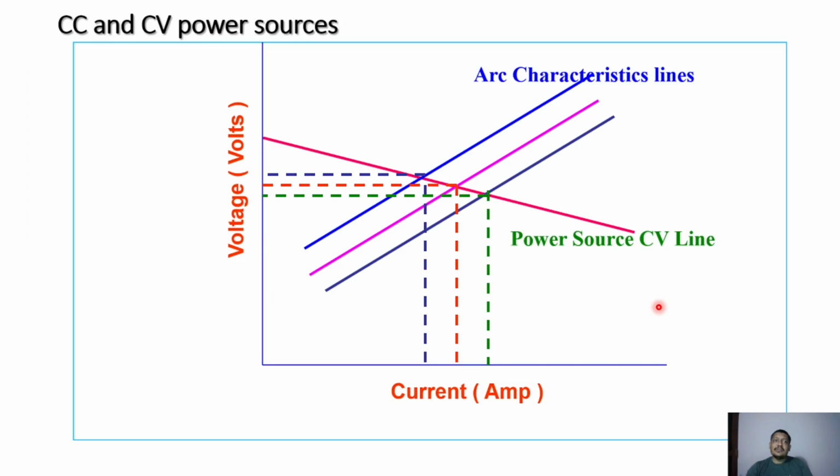Now the next variety of power sources available is called constant voltage or constant current power sources. Initially it was the transformer. From the transformer it moved to the rectifiers.